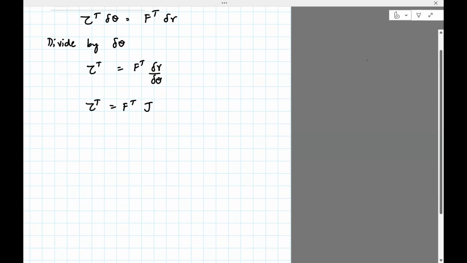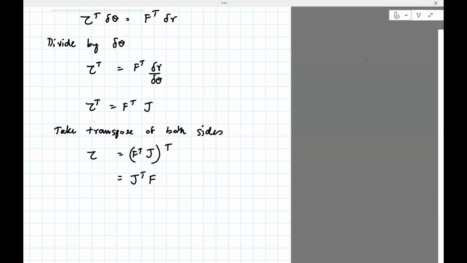Okay, and then because we don't like the transpose appearing the way it is, we take the transpose of both sides, and we end up with, so the transpose of transpose is the vector itself, so that'll be tau, and then we write F transpose J transpose. This is the same as J transpose F, right?